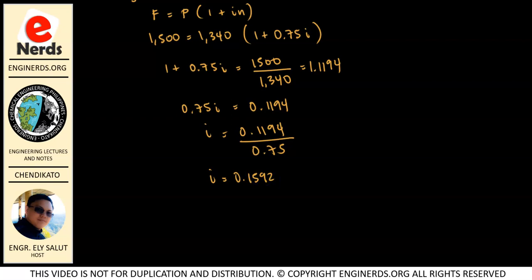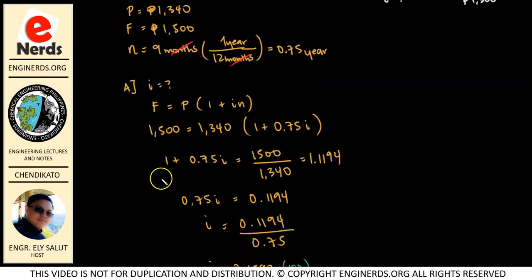Multiplying this by 100 to get the percentage, our I is equal to 15.92%. So this is our final answer for part A.